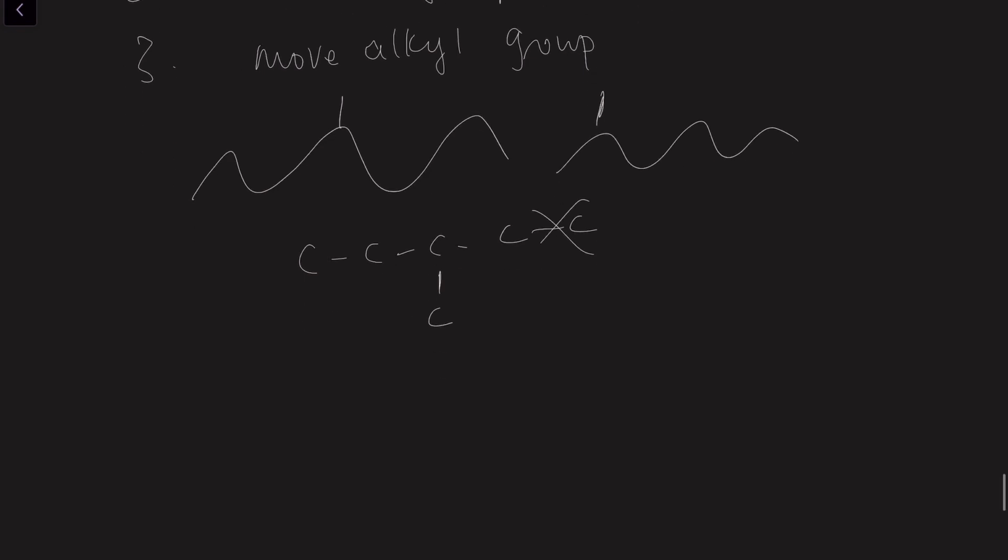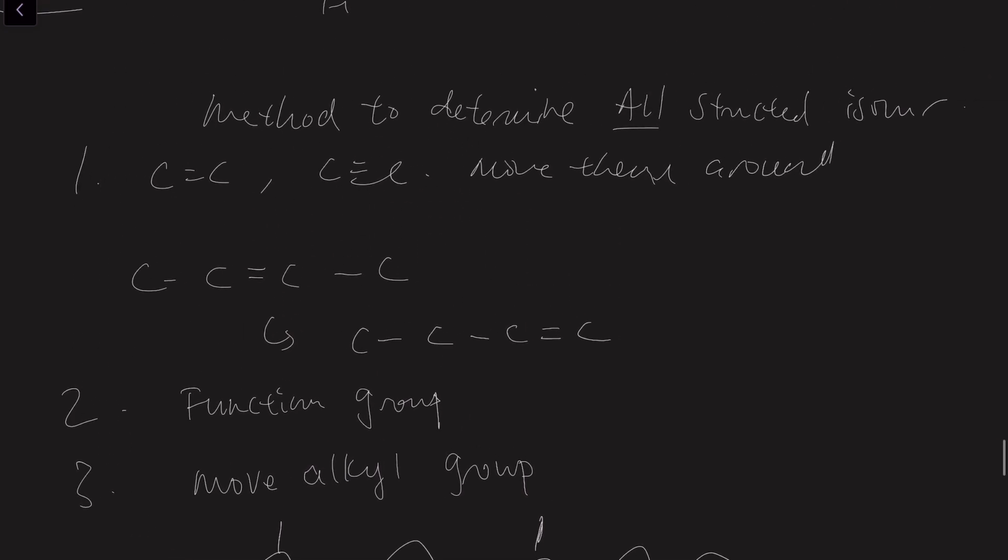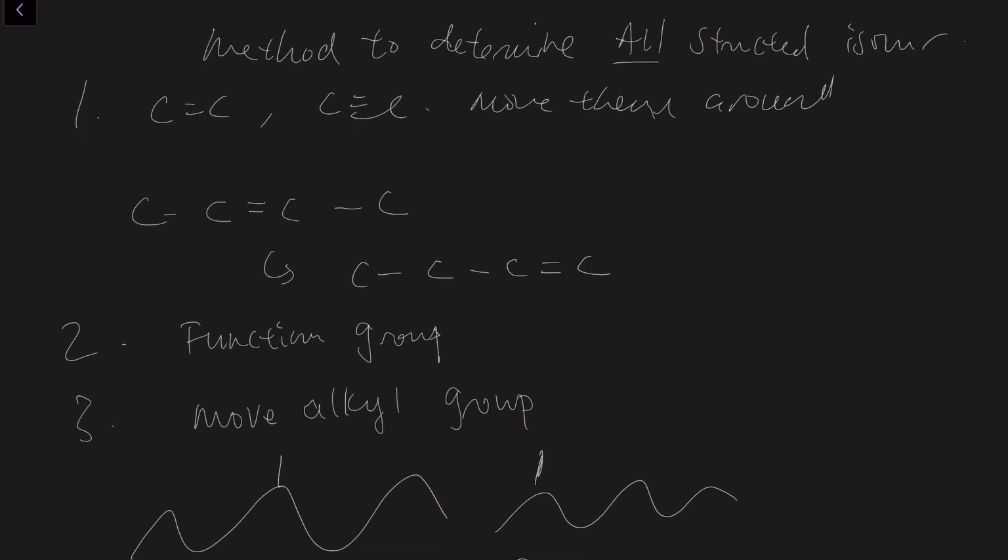And if you have something very special, for example, chlorine here instead of hydrogen, you can move the chlorine around to get additional structural isomers. So that's some of the techniques for you to determine different structural isomers.